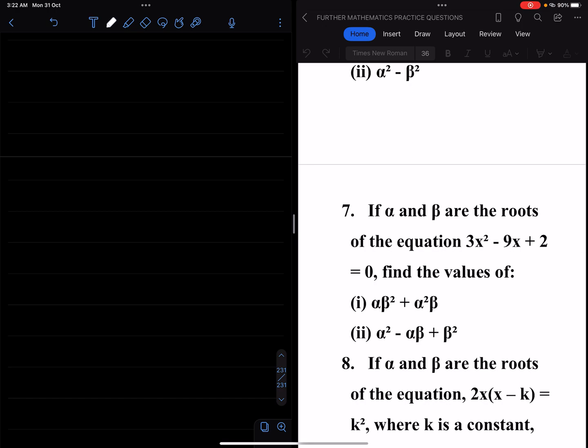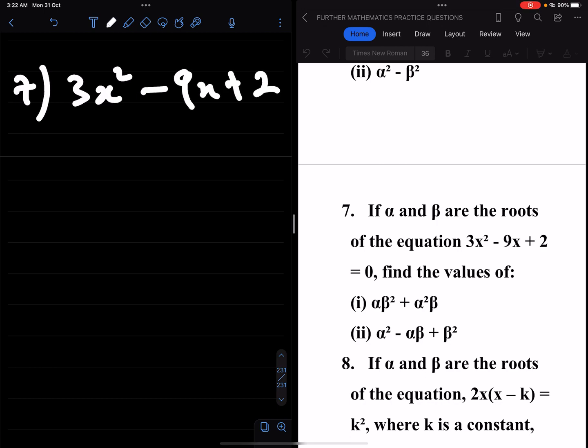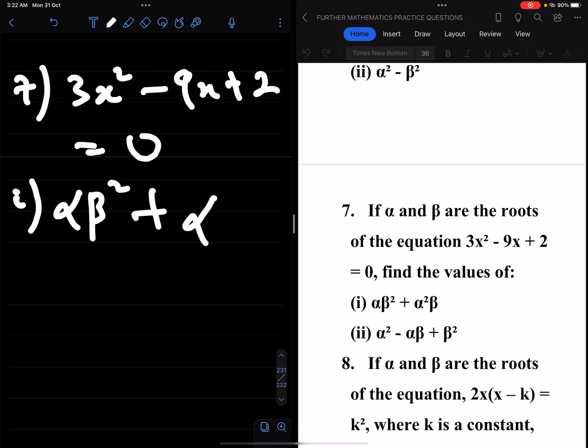If alpha and beta are the roots of the equation 3x squared minus 9x plus 2 equals 0, find the values of, Roman figure 1, alpha beta squared plus alpha squared beta.